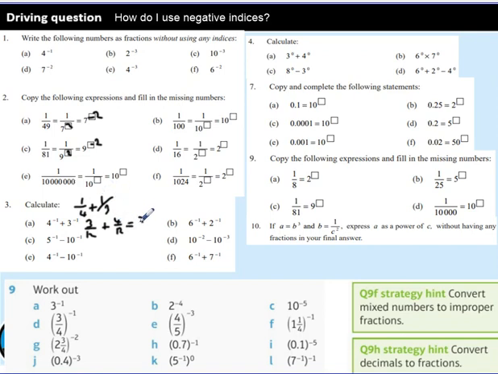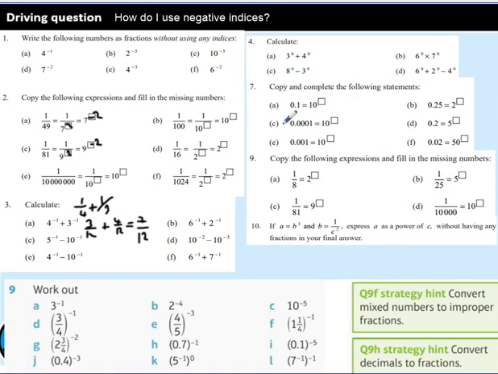So the answer to question 3 is 7/12. If you found question 3 difficult or got a lot of the answers wrong, perhaps you need to revise adding fractions, because that's an extra element of that question. 4, 1 plus 1 is 2, 1 multiplied by 1 is 1, 1 minus 1 is 0, 1 plus 1 is 2, minus 1 is 1.